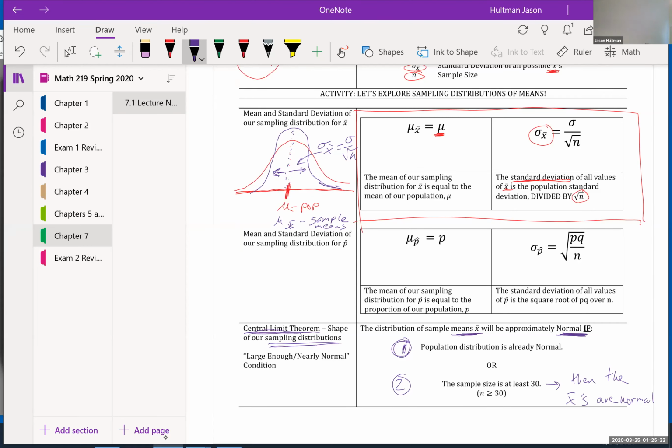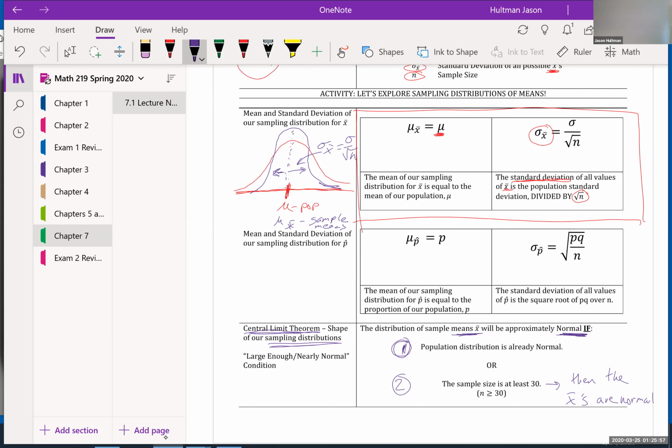So even if the original population was not normal, if my sample size is large enough and I take averages, because remember, this purple distribution up here is the distribution of the averages.